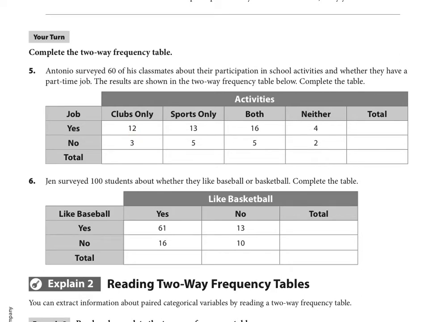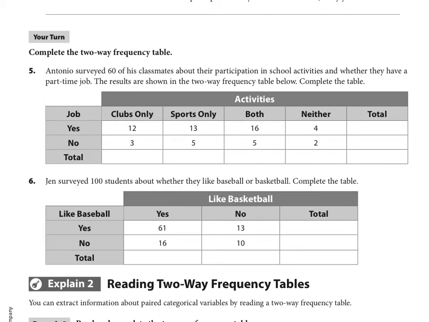If I'm looking at, for example, the number 3 here, what does that mean? If I go to the beginning of the row, it means no, these students don't have a job, and they participate in clubs only for school activities. So that's what the 3 means.